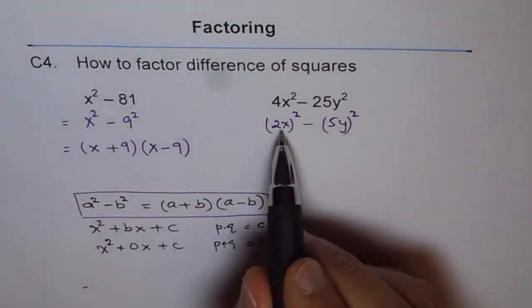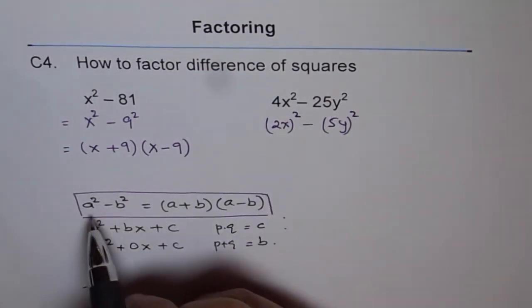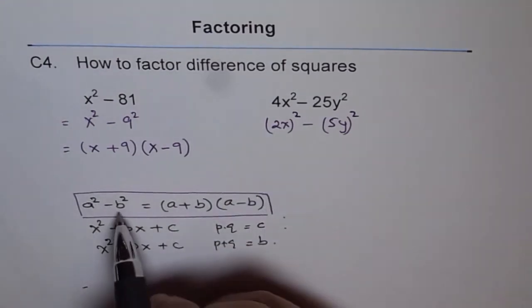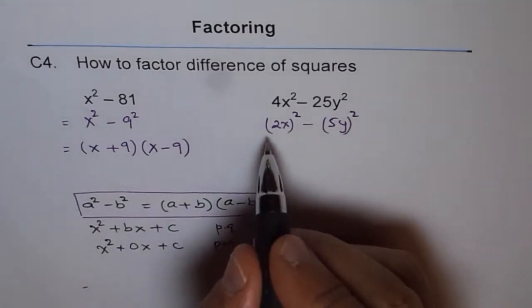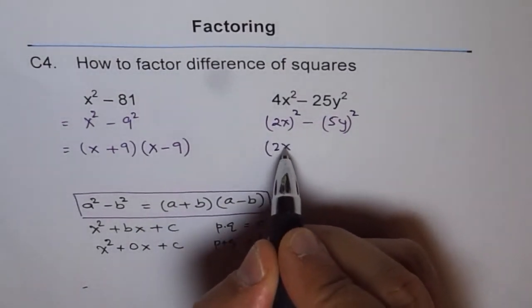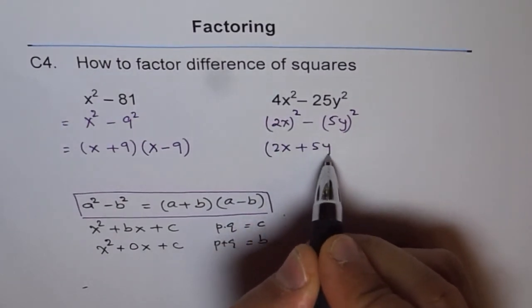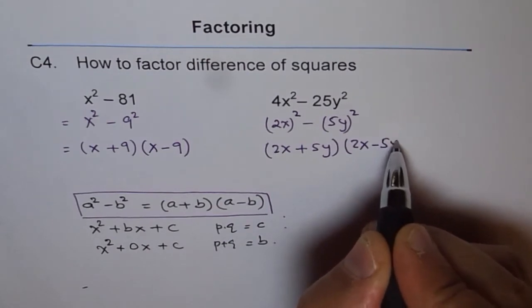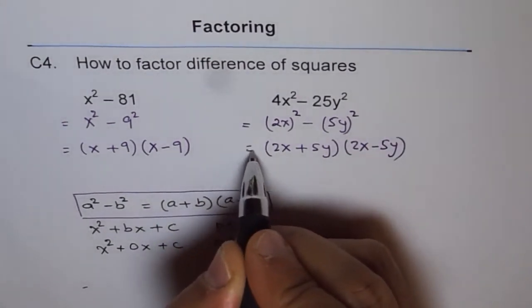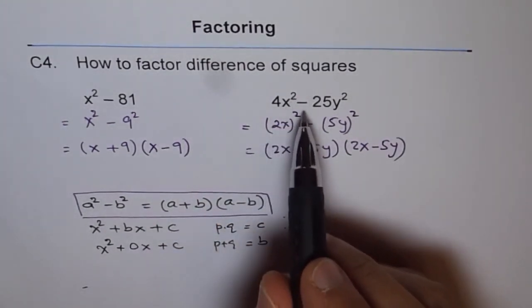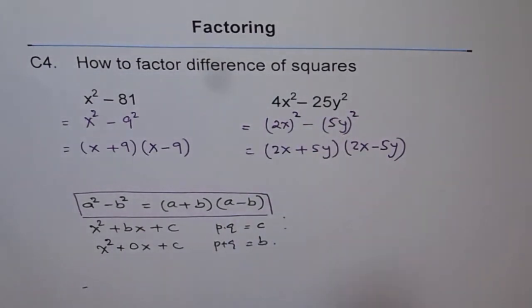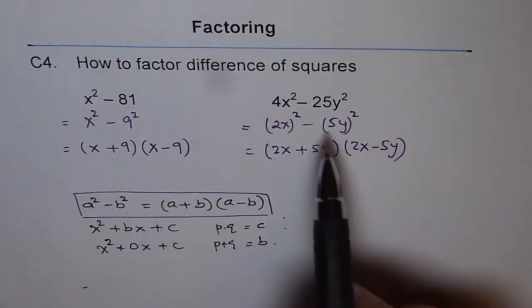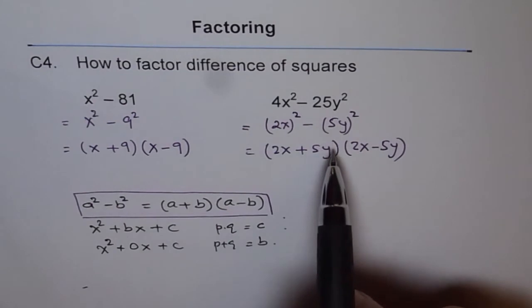So now it becomes difference of square, where a is 2x and b is 5y. So we can write this as 2x plus 5y times 2x minus 5y. So that should give me the factoring of 4x square minus 25y square, correct? So that is how we can do difference of square here.